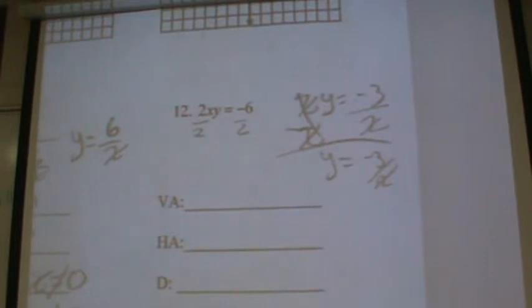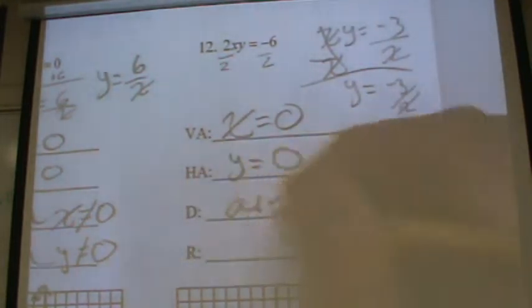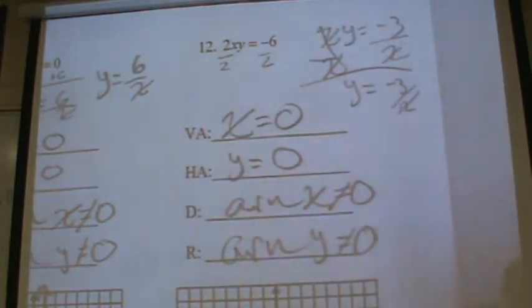Just like that. This one's a negative, so like the other ones that are negative, it's going to be quadrants 2 and 4. x will equal 0. y will equal 0. Your domain, all real numbers, x will not equal 0. Range, all real numbers, y will not equal 0. And then graph.